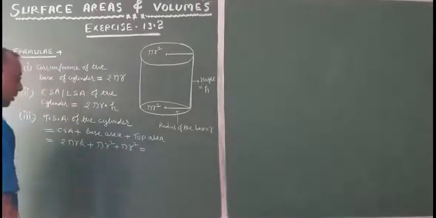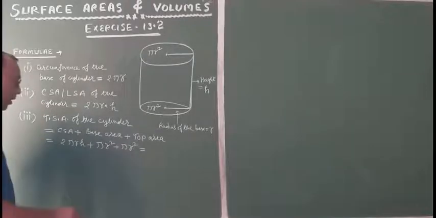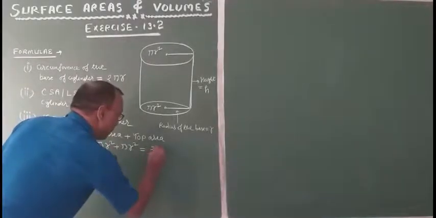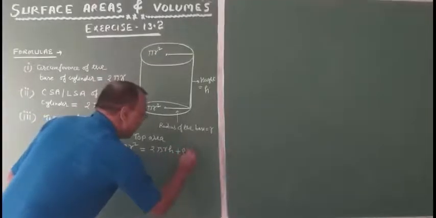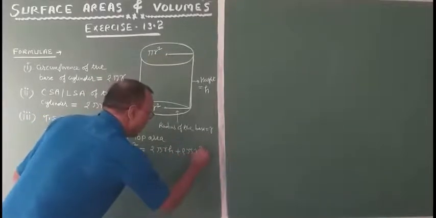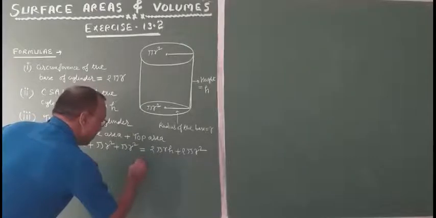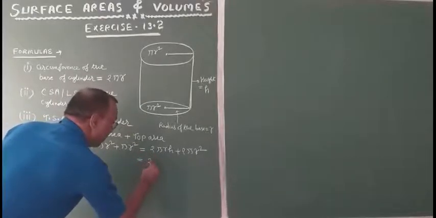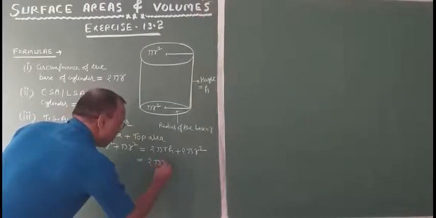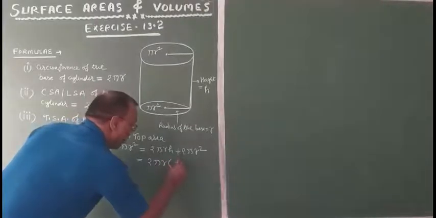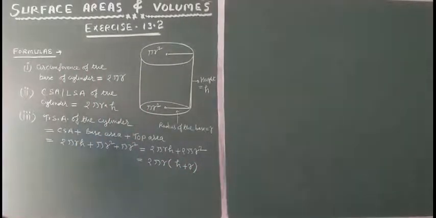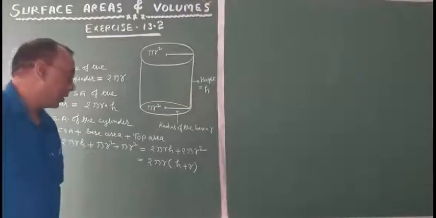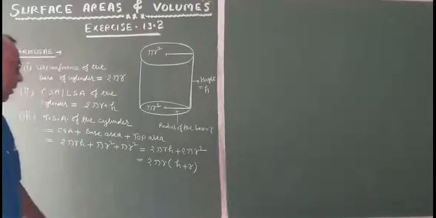This pi r square plus pi r square will become 2 pi r square. So this becomes 2 pi r h plus 2 pi r square. Just look here, we can take 2 pi r common. You will get h plus r.